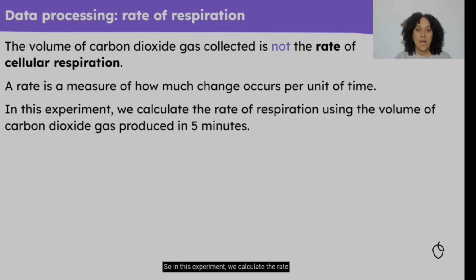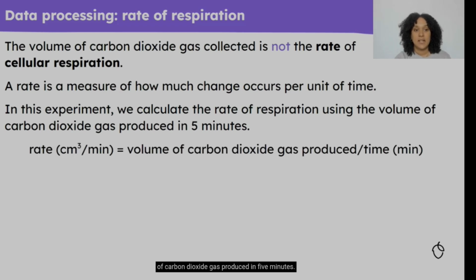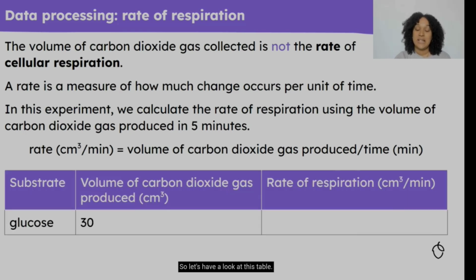So in this experiment, we calculate the rate of respiration using the volume of carbon dioxide gas produced in 5 minutes. So the units we have for our rate are centimetres cubed divided by minutes, so centimetres cubed per minute. And we get that from the fact that we measured the volume of carbon dioxide produced in centimetres cubed, and then we divide that by the amount of time we took our measurement, which was 5 minutes. So let's have a look at this table.